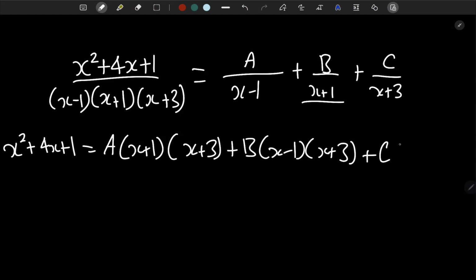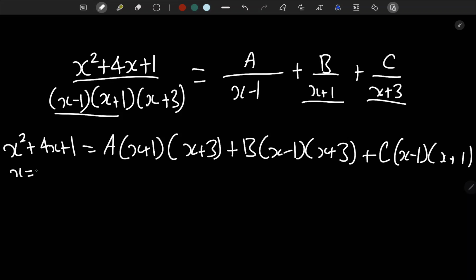Now finally, c into, now we cover up x plus 3, so we'll be left with x minus 1 and x plus 1. Now it's a very simple step of substituting the roots in x and finding the values for a, b, and c. So let's start with 1.